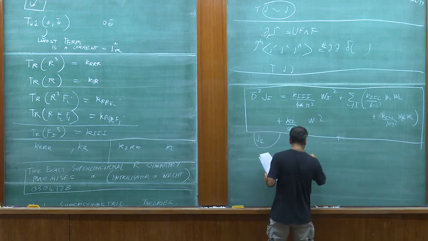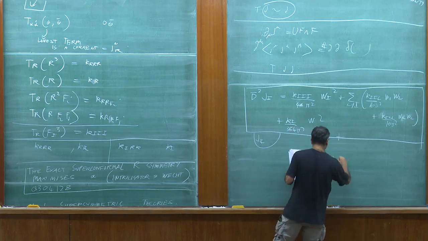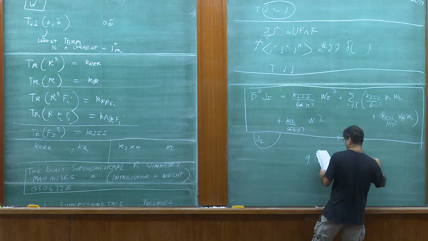When you work it out carefully, it's 9 times trace R squared F_I is equal to trace F_I.